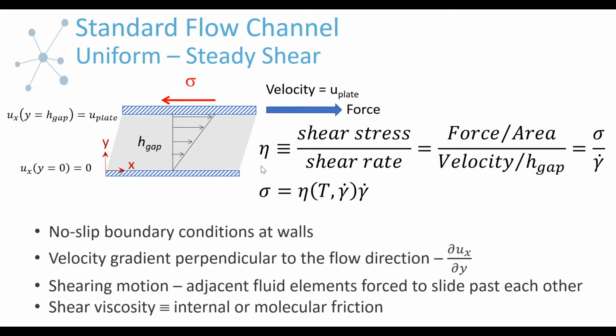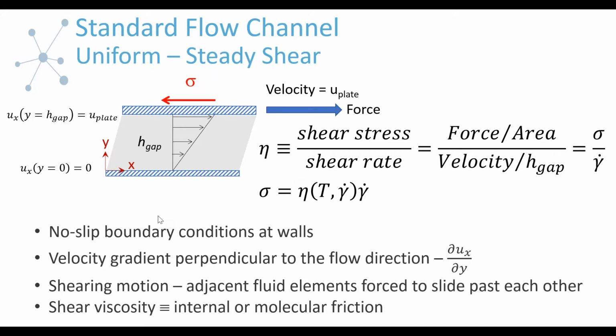In this instance, the shear viscosity is defined by the shear stress divided by the shear rate. Shear stress is just the force that's required to drag this plate divided by the area of fluid in contact with the plate. The shear rate is basically just the velocity gradient across the channel. So in this case, it's quite simple to calculate. It's the velocity divided by the gap between the plates.